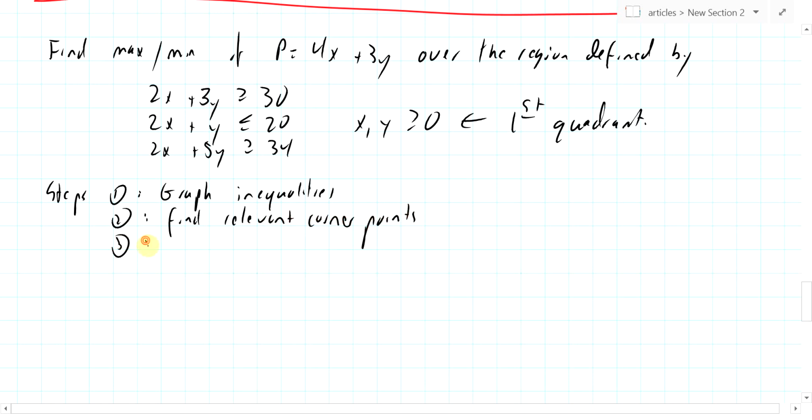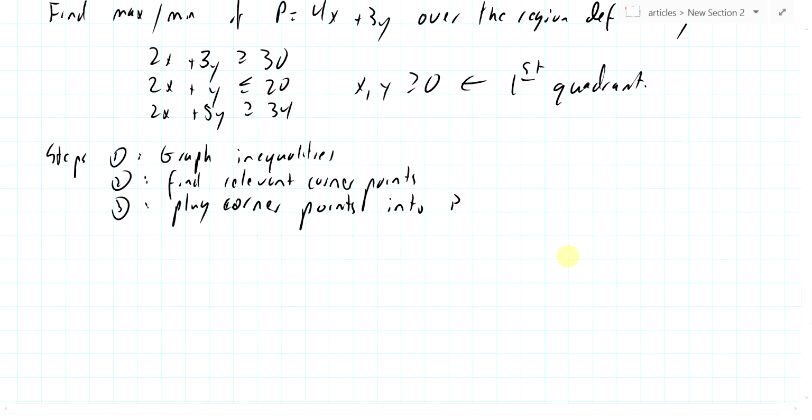Third step, plug the corner points into P. So, how do you graph inequalities? Well, we've been doing that for a couple of days now. So, step 1, graph the inequalities.